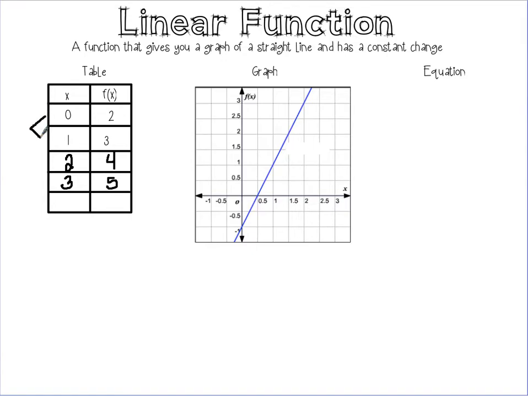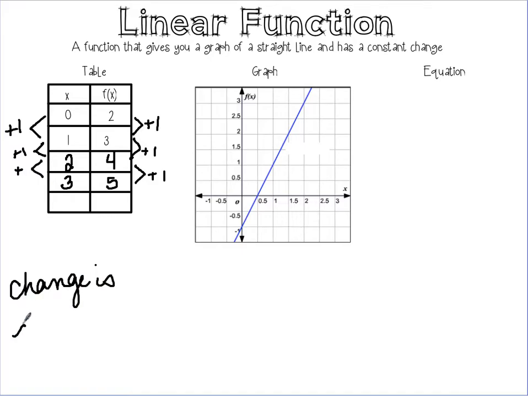So as I go up 1 over here, I also go up 1 over here. So up 1, up 1. My change is constant, so since my change is constant, it's a linear function.